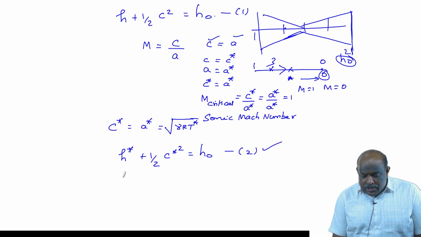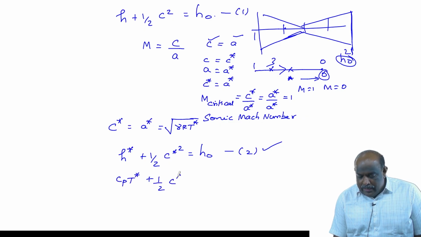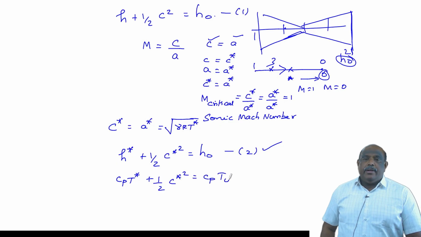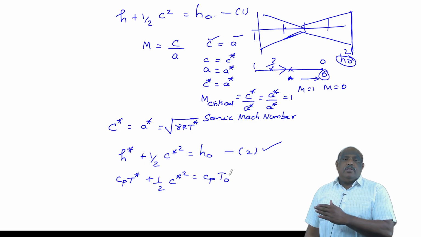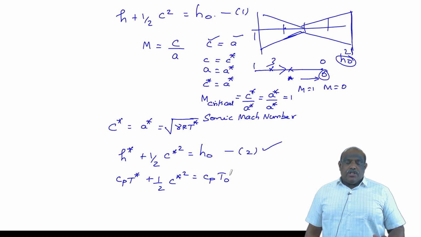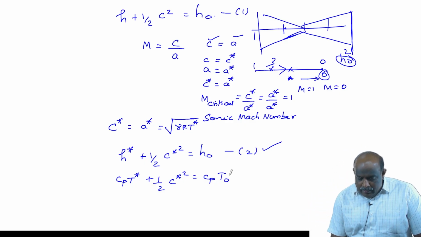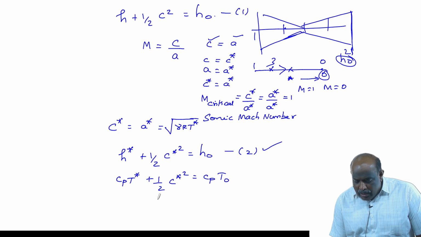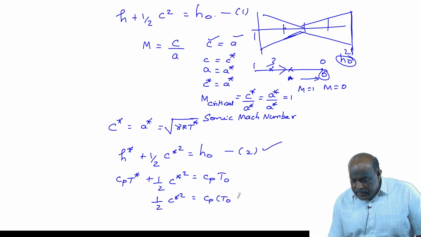Now what is H star? Cp T star plus half C star squared equals Cp into T naught. Just substitute the values of H star and H naught. Now from this I want half C star squared. It will be equal to Cp into (T naught minus T star).